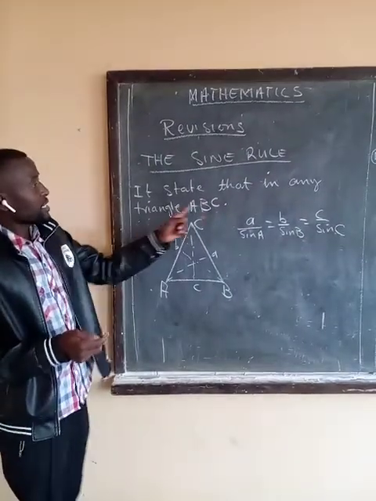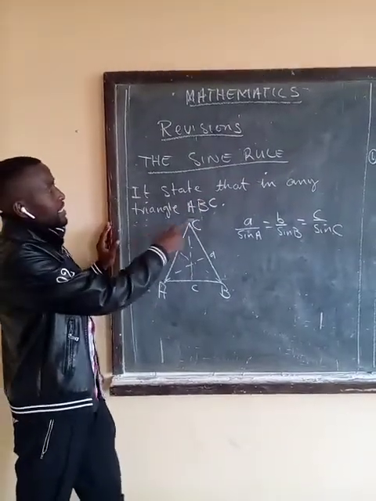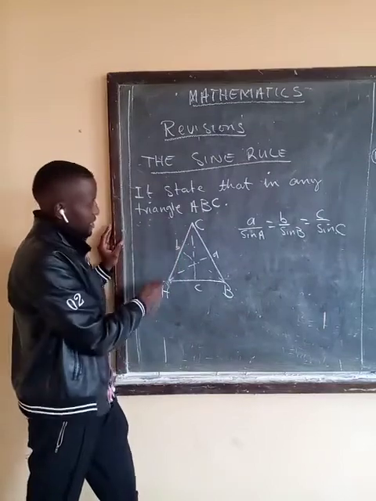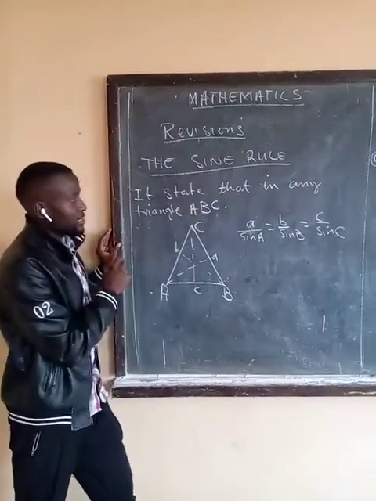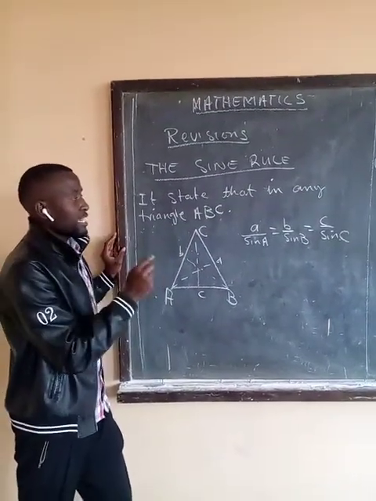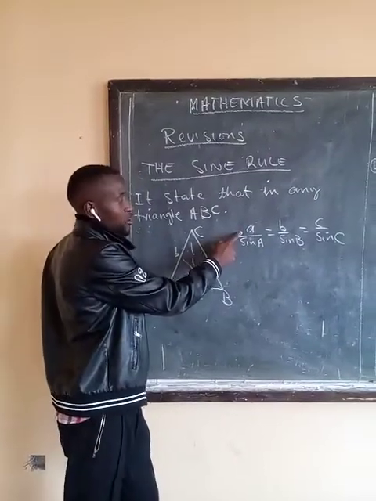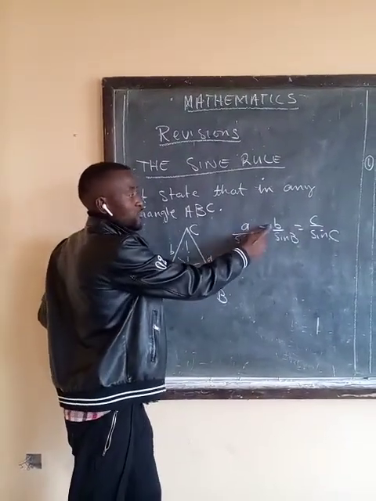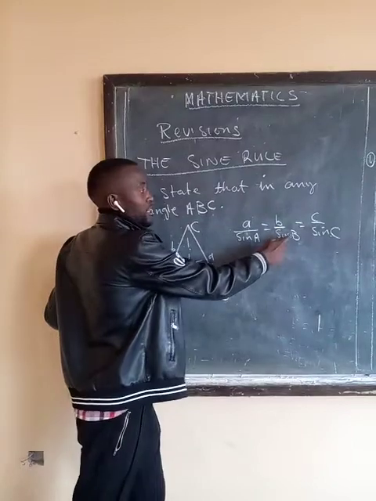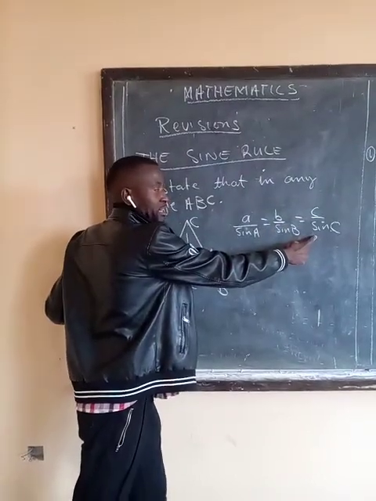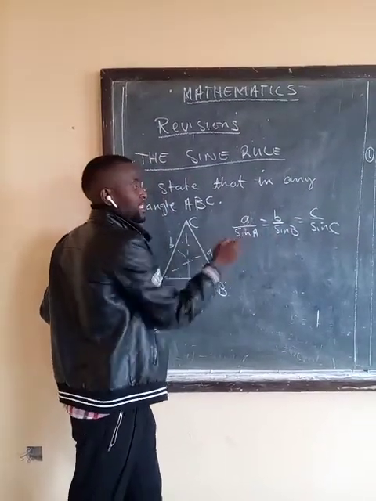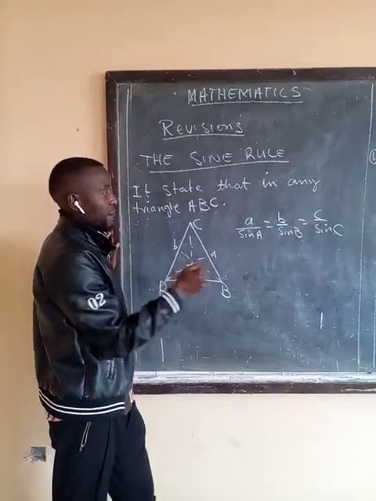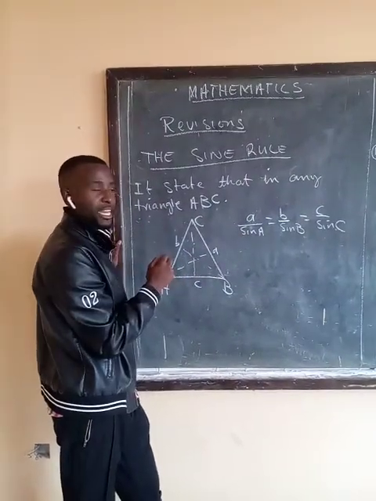The sine rule states that in any triangle ABC, a over sine A is equal to b over sine B is equal to c over sine C. So what are these small a and these sine A?